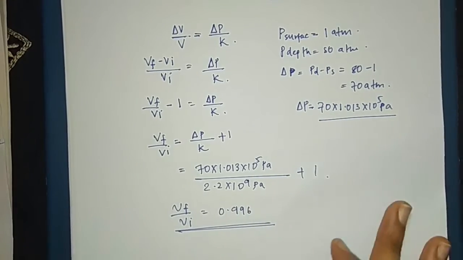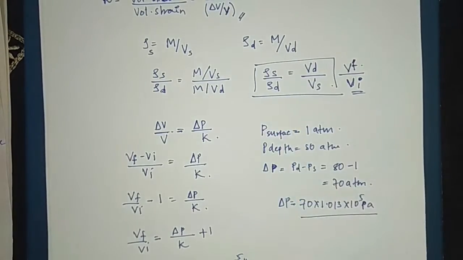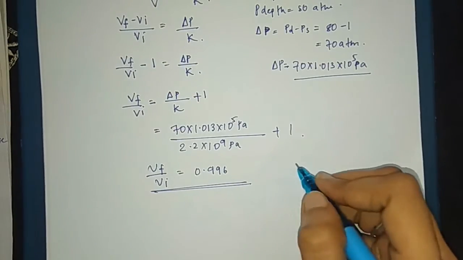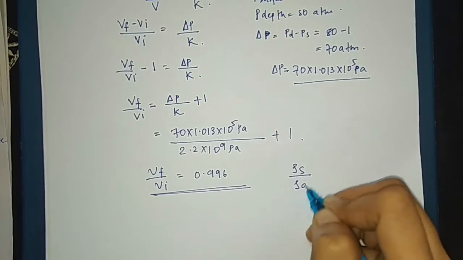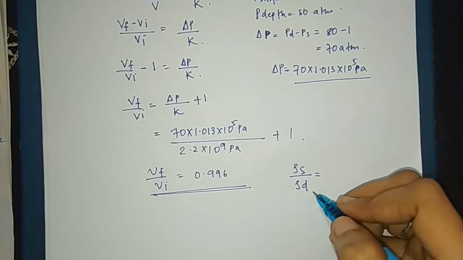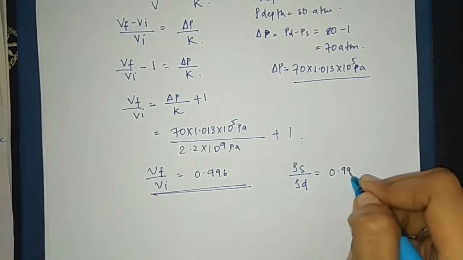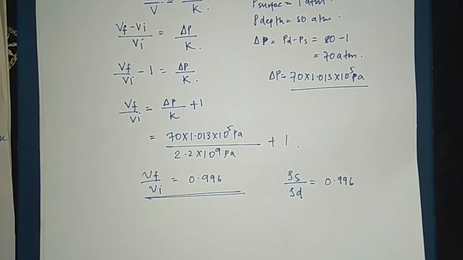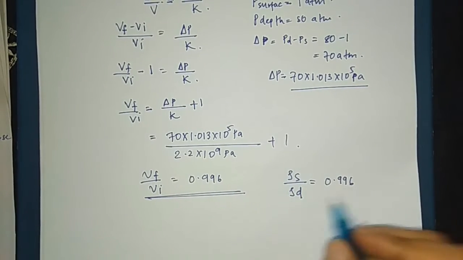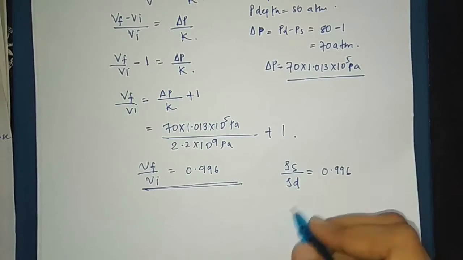Now I am going to substitute this into the relation of density. So rho S divided by rho D, that is density at surface divided by density at depth, is Vf by Vi, which is 0.996, right?